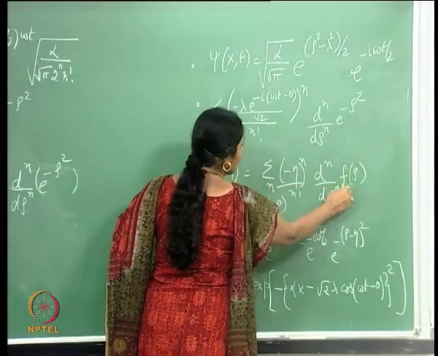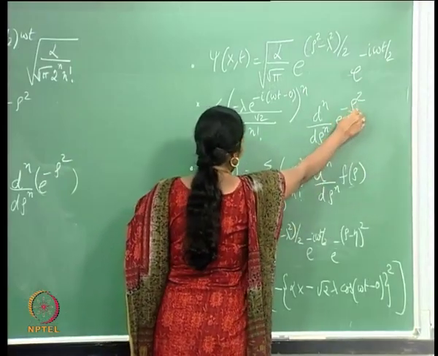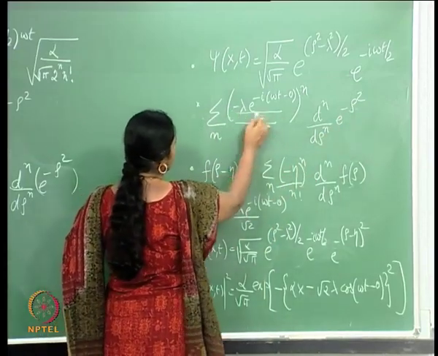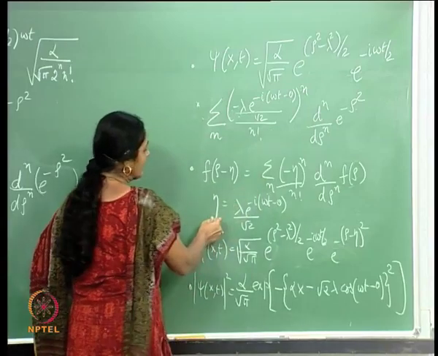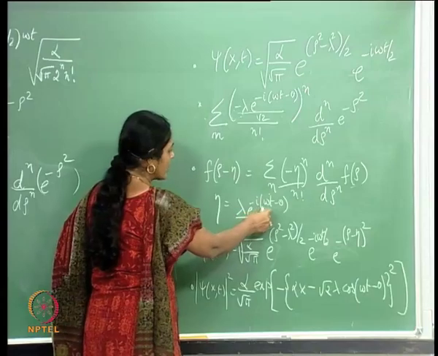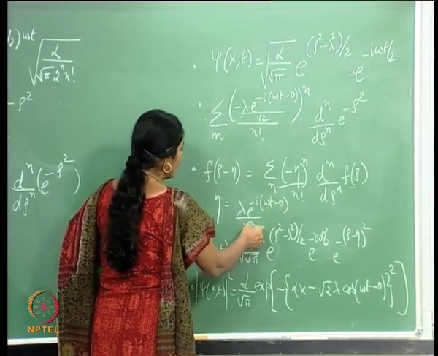So this f of rho is e to the minus rho squared, and the eta is out here. So I have identified eta in the Taylor expansion as lambda e to the minus i (omega t minus theta) by root 2.